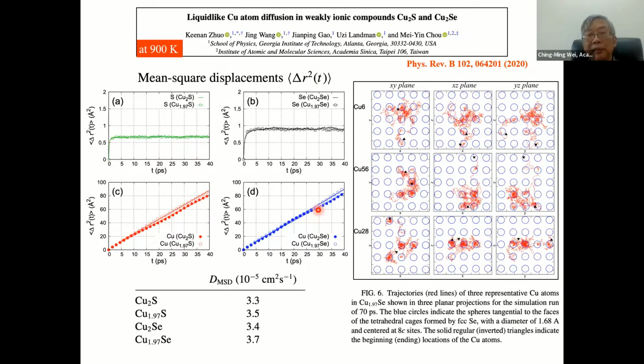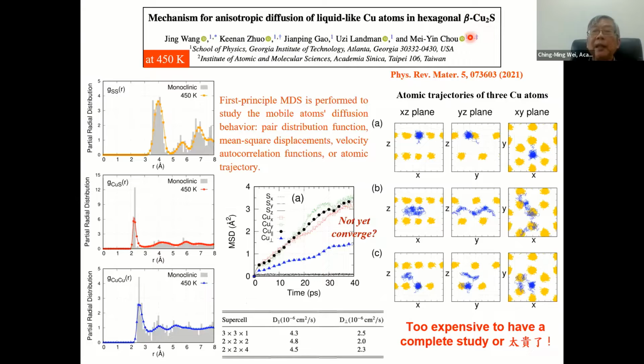However, if you look at this one, the so-called hexagonal close packed copper-2 sulfur system, you can see the mean square displacement is not a straight line, which means that it's not converging yet. And why did they publish the paper? Because they did not have enough computing time to do the full complete study.